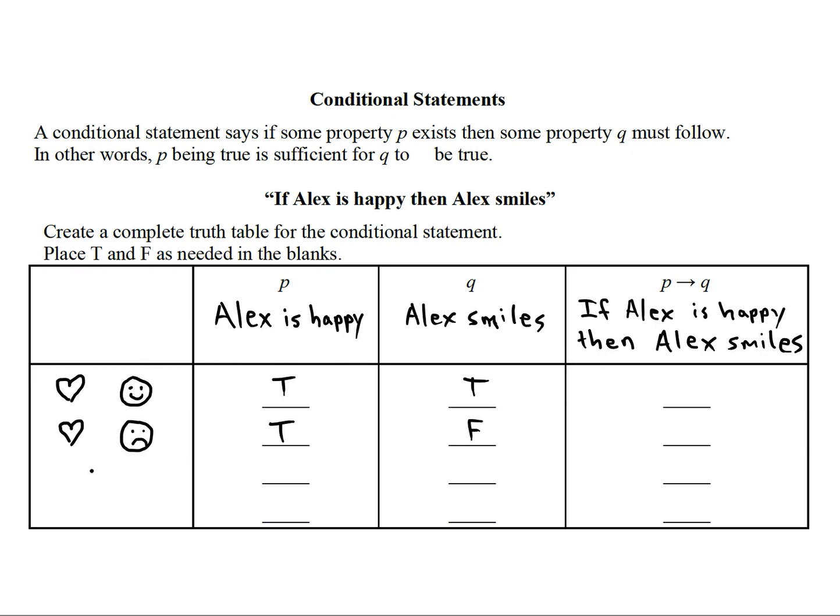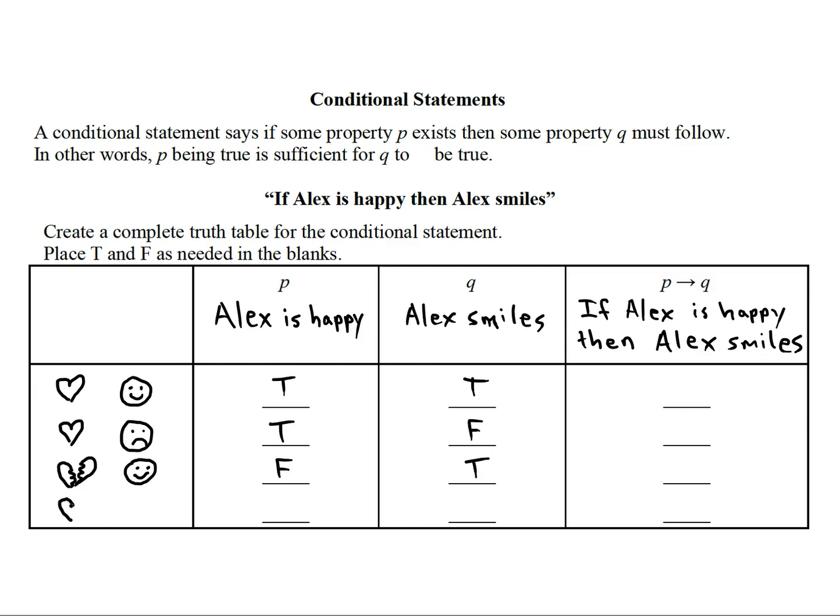Okay, now let's consider Alex not being happy. So I'll just do a broken heart here, and maybe he's putting on a smile face regardless. That would be false, true.